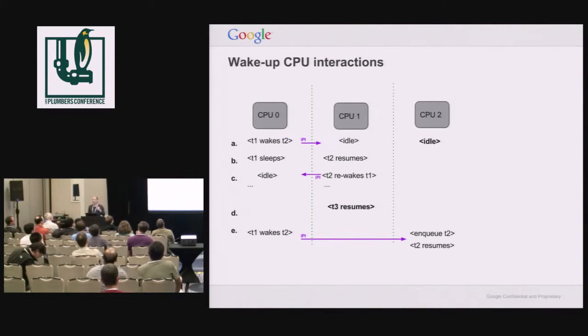So a big part of it is actually what happens when you have a wake-up CPU interaction. Because we're a fairly big fan of race to idle, when we get a wake-up, the thread waking up the other thread is normally still running, right? We don't have a synchronous, I'm waking this thread up and going to sleep operation. So what that means is the scheduler sees a wake-up, and it goes, oh, you're waking up another thread.